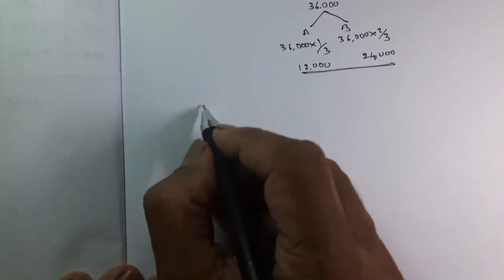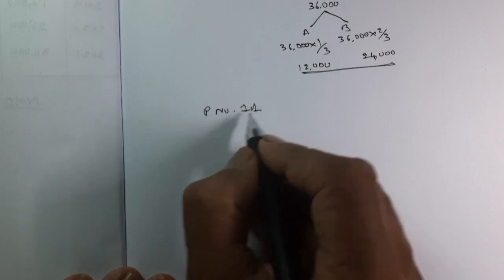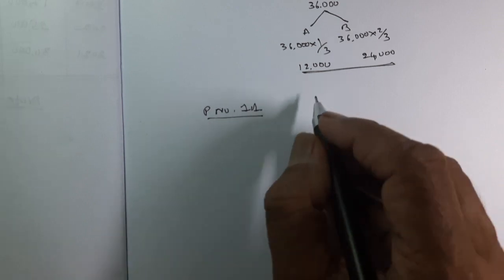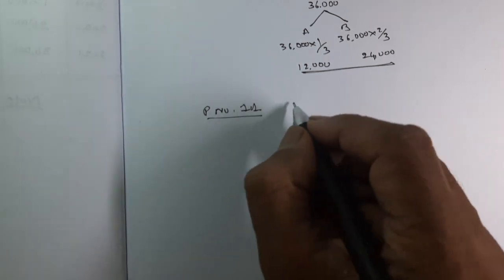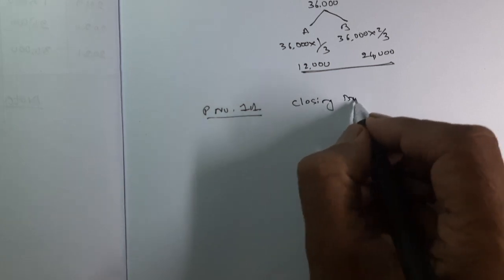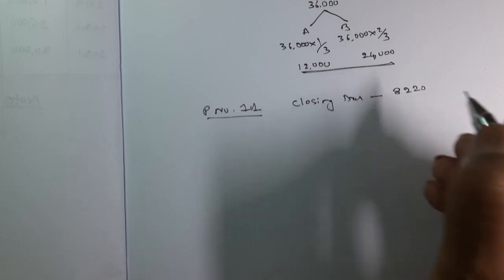Now problem number 11. A student has written, sir, it is wrong in branch accounts. It is not wrong. Actually closing debtors is 8,220.